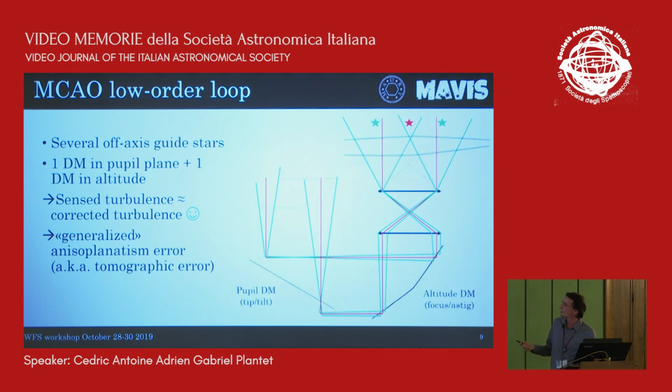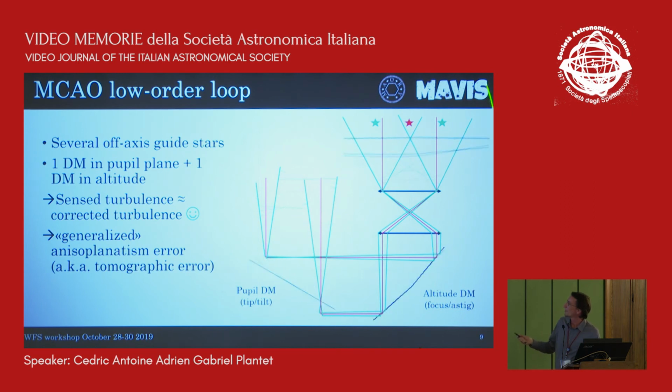So if we look now at an MCAO system, I'm just simplifying it to the low-order loop. So you just have a differential tip tilt on axis and on the guide stars. And you have two DMs to correct the turbulence in the volume. Here you can see that my system is not really optimal because I send the light back to the sky.